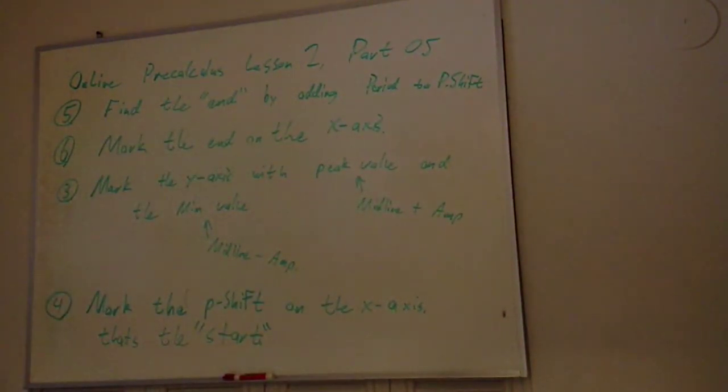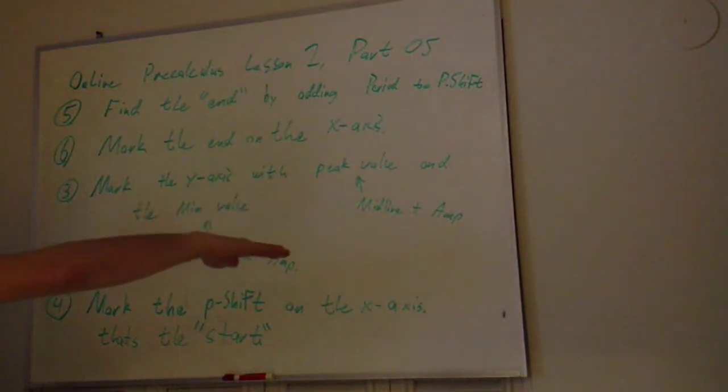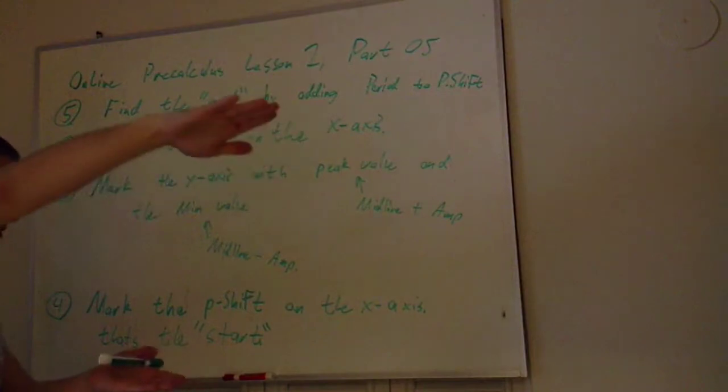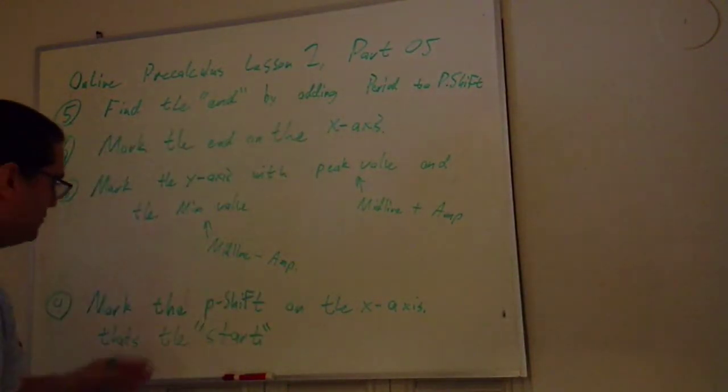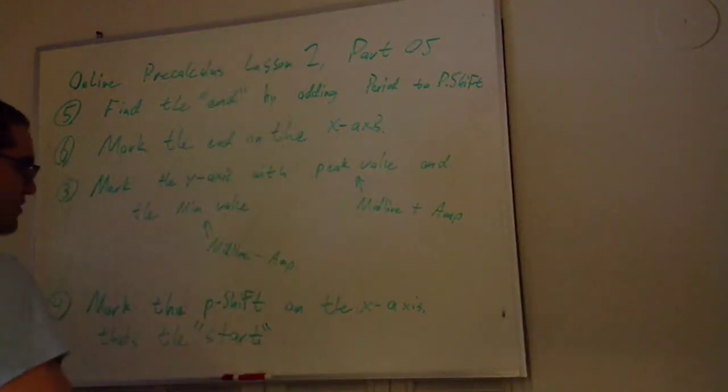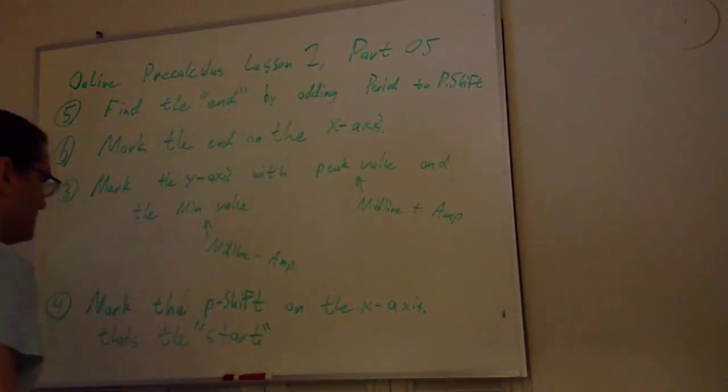So at this point, we should have the midline marked. We should have the peak and the min value marked on the y-axis, so we know how tall it's going to be. We're going to have the start marked on the x-axis and the end marked on the x-axis, so we know how wide it's going to be, where it's going to start and finish.